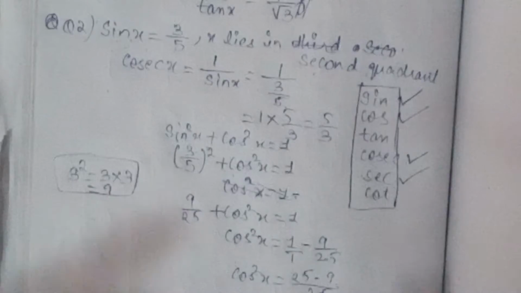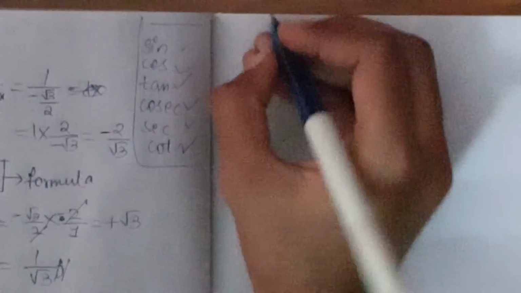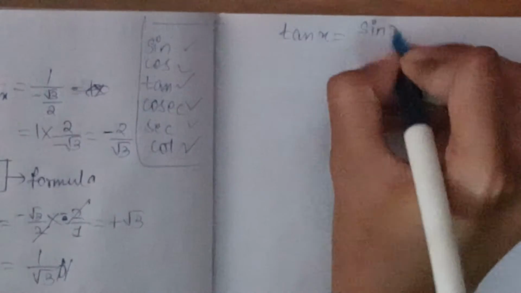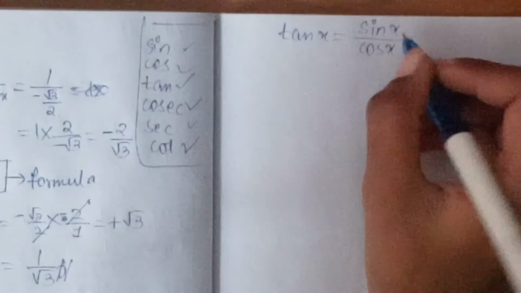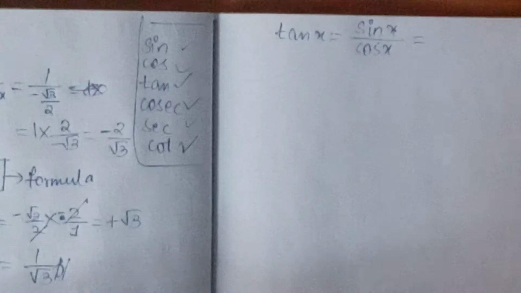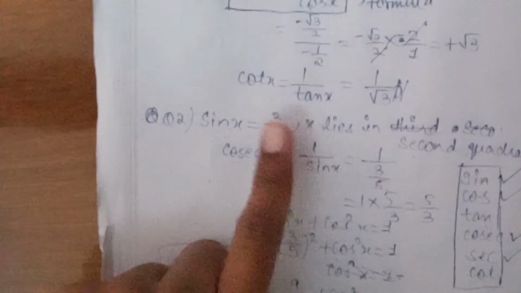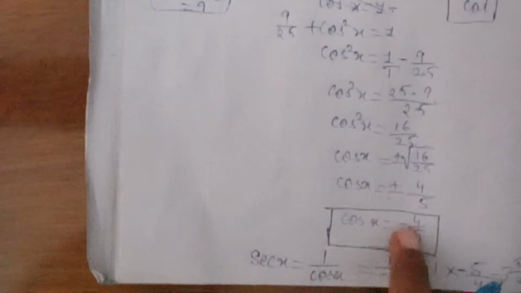Then what you have to find more is tan and cot. As I have said before, if we have the value of sin x and cos x, you can find the value of tan. In the question they have given the value of sin as 3 by 5, and we have cos as minus 4 by 5.